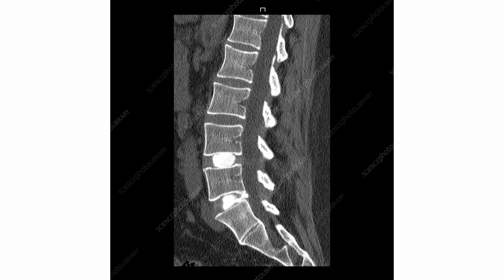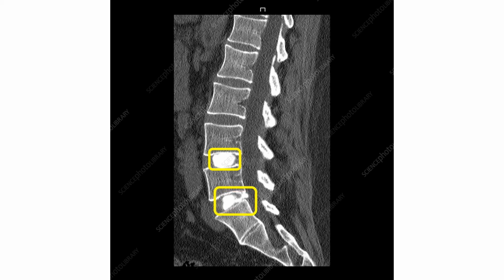This is a lateral view of the lumbar vertebrae, where you can see in this magnetic resonance image called MRI that here is a disc which is not normal because it has a different color than the discs above.